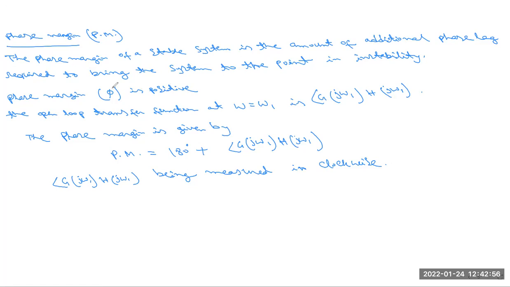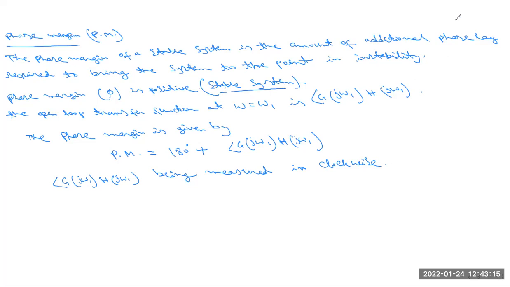This phase angle is expressed as phi, and it is positive in a stable system. So when the phase angle is positive, the system is called a stable system.